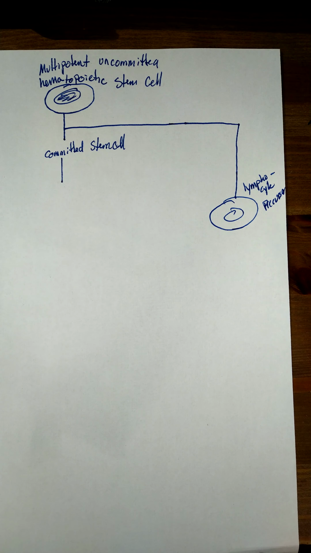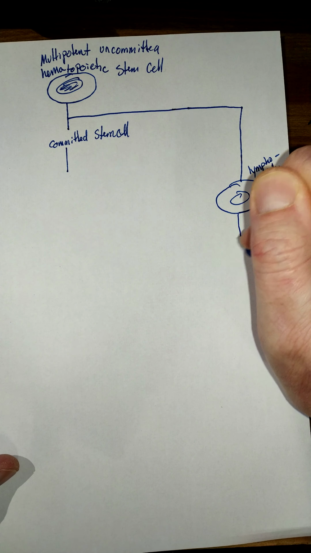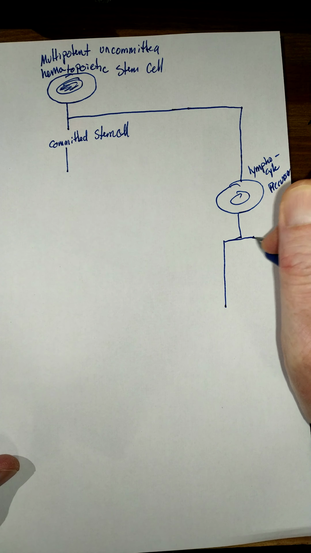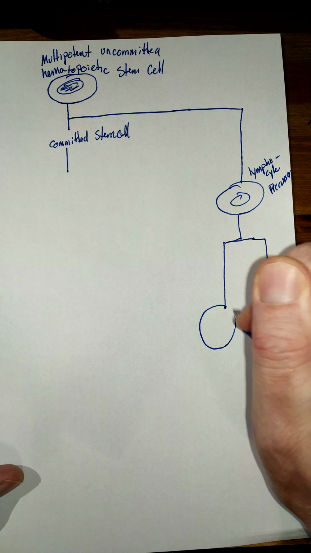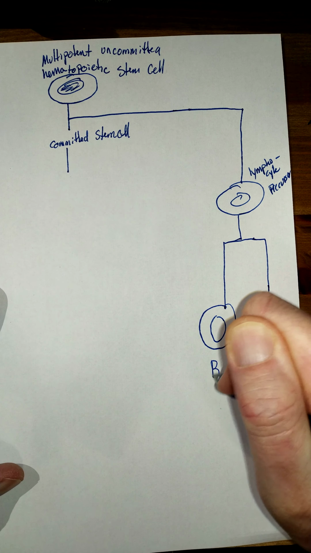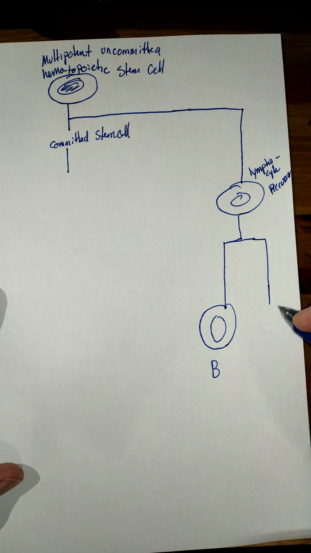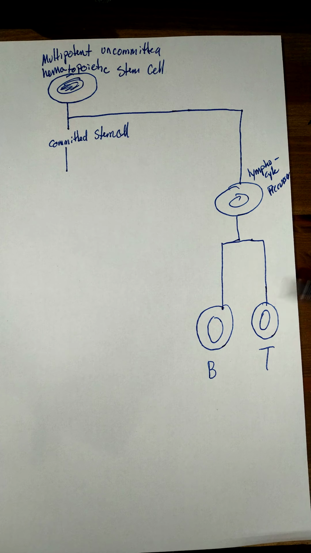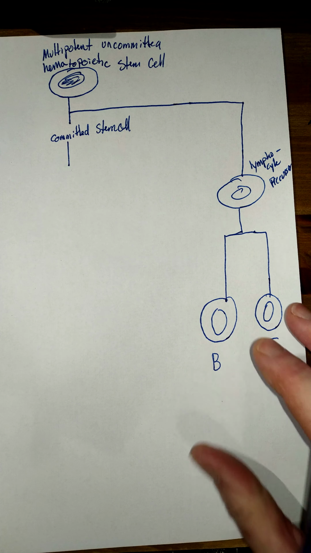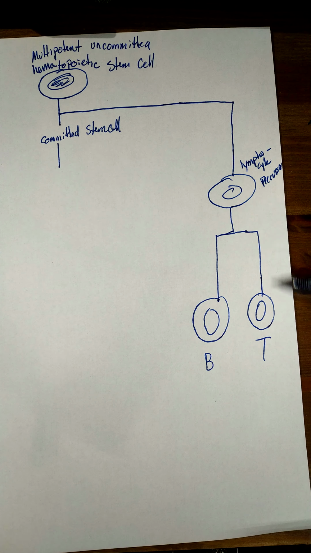And this can differentiate into one of two things: a B or a T lymphocyte. And when we get down here, we'll talk about the differences between all of these. So that's one possible fate.